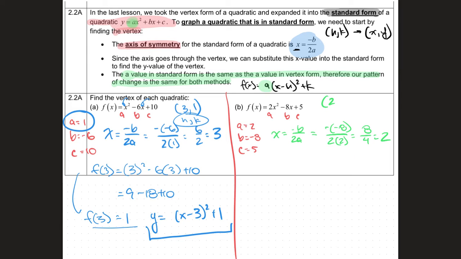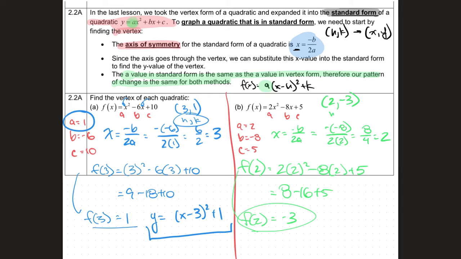I need to find this y-coordinate, okay? So let's find the y-coordinate. I need f of 2, and I just replace x with the x-coordinate. I do the math, and I get my y-coordinate is -3. Remember, this is just h, k in vertex form.